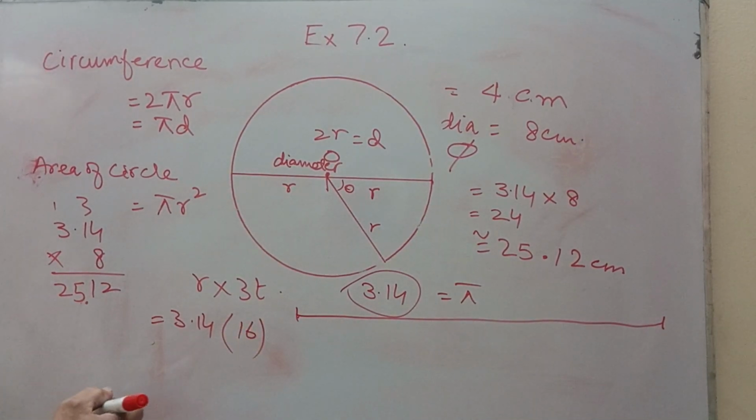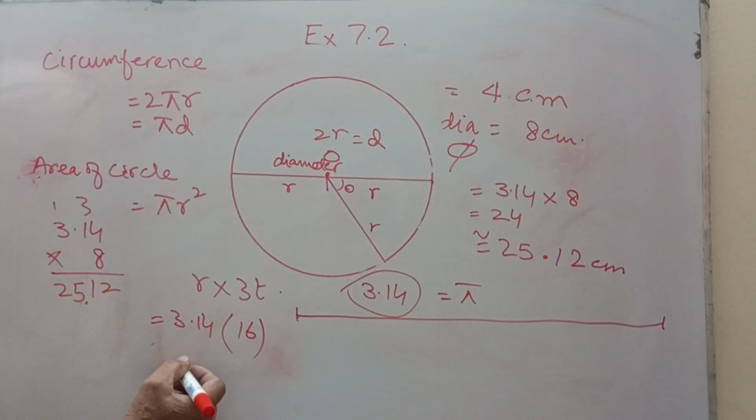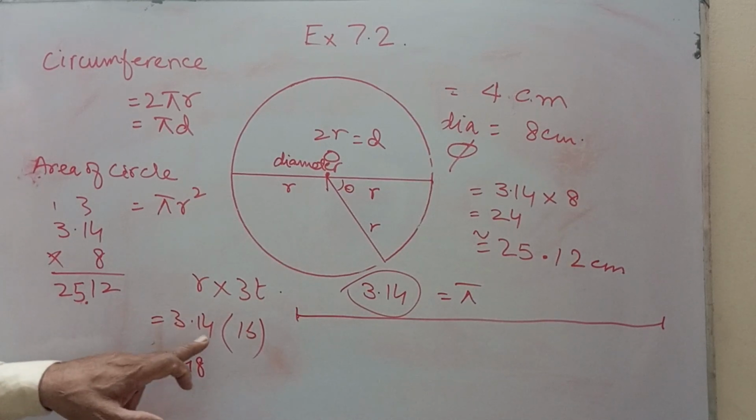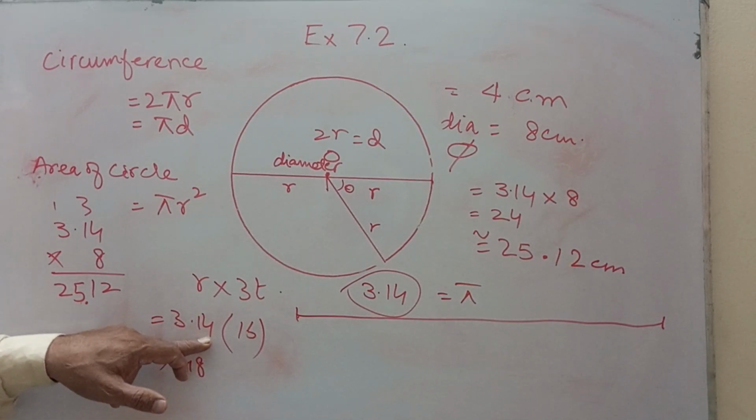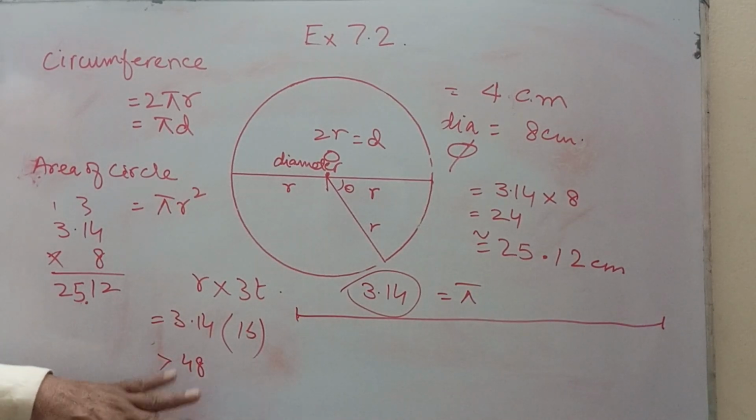So approximately it will be a little more than 48, greater than 48. You can calculate it by yourself. 16 times 3 is 48, and this fraction will also be multiplied, so maybe it will become 49 or 50, something like that.